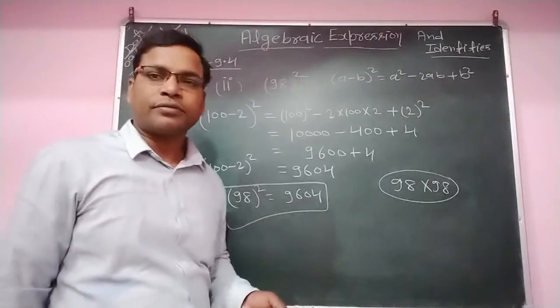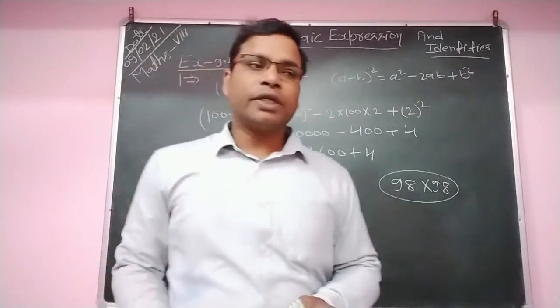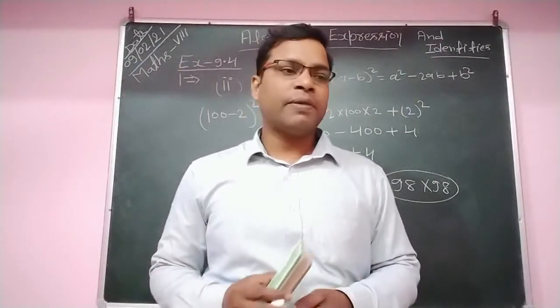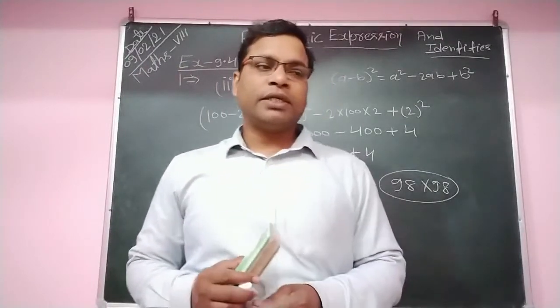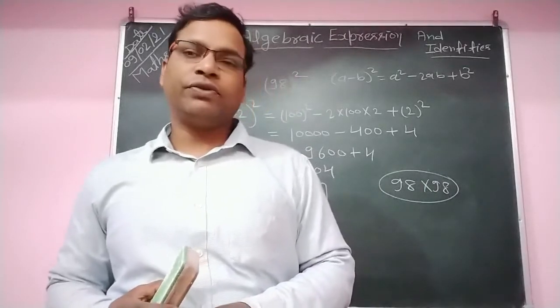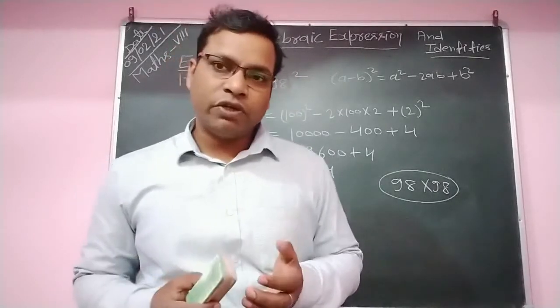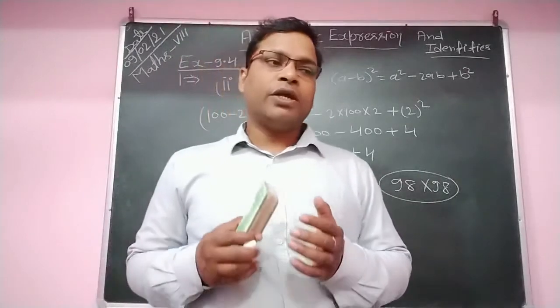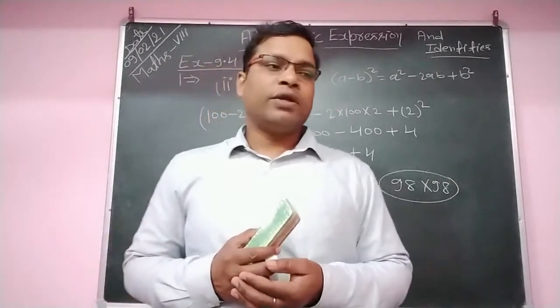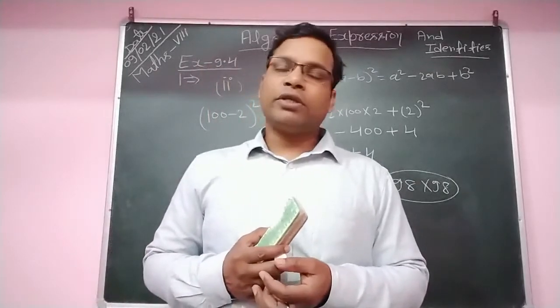Now we are going to discuss the third part of this question. The third part is 194 into 206. You need to evaluate it by suitable identities. I repeat this question again: using the identities, evaluate the following.